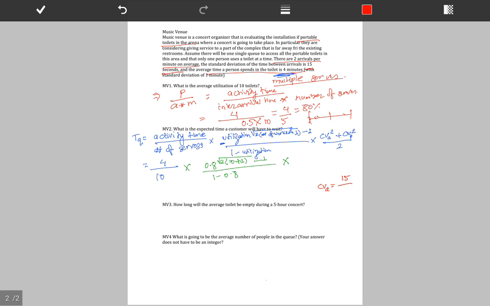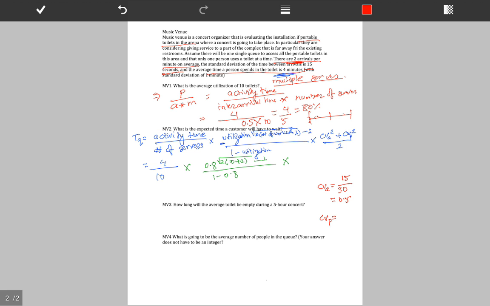The mean of the inter-arrival time is 30 seconds, because given that there are 2 arrivals every minute, the gap between 2 successive arrivals on average is 30 seconds, making this 0.5.